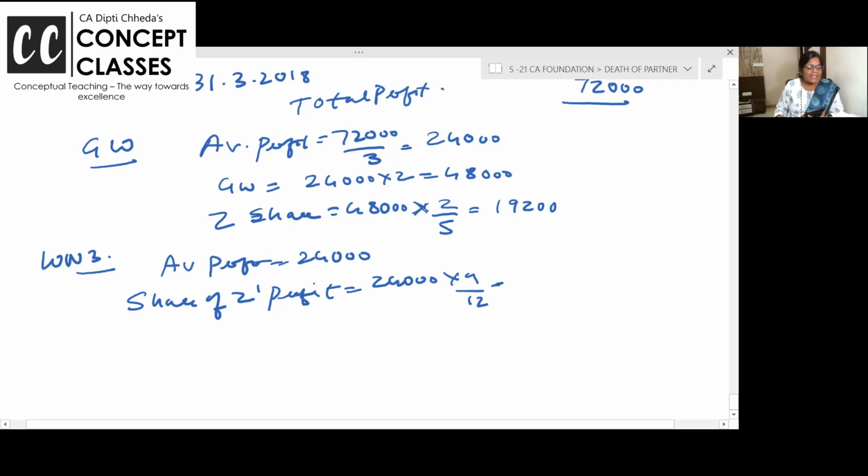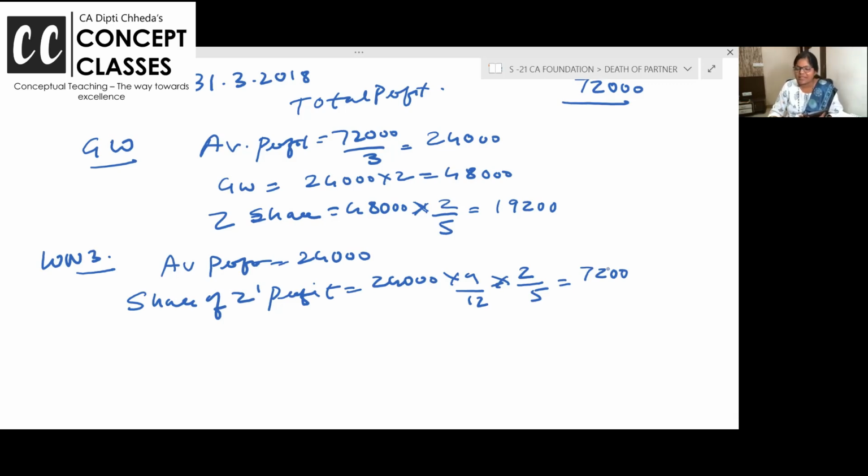First, you should calculate 9 months profit. And in that 9 months profit, what is Z's share? 2 by 5. 24,000 into 9 by 12 into 2 by 5. 7,200. Z को दे दो 7,200.